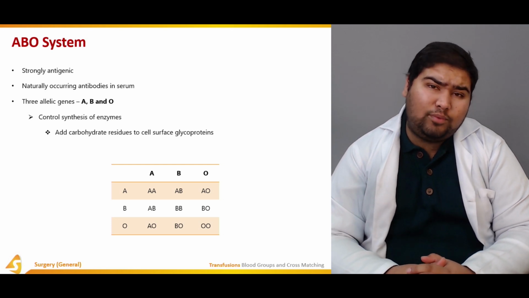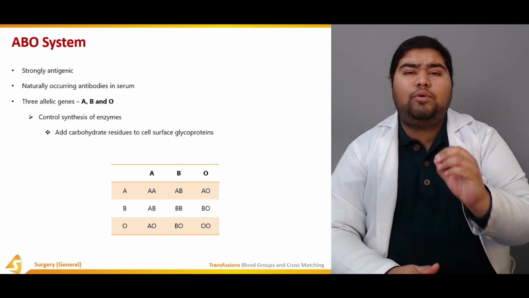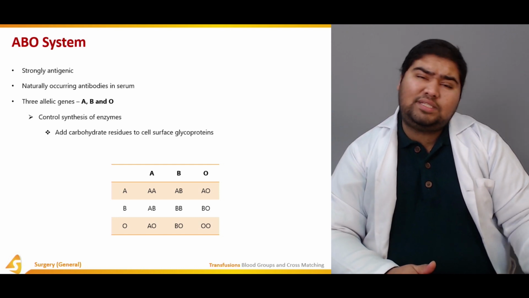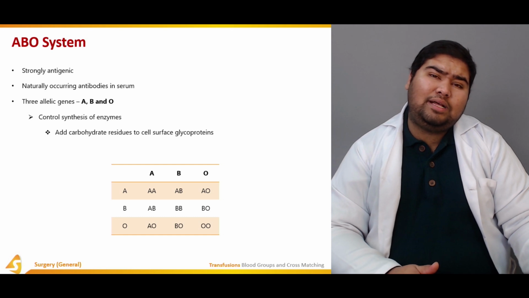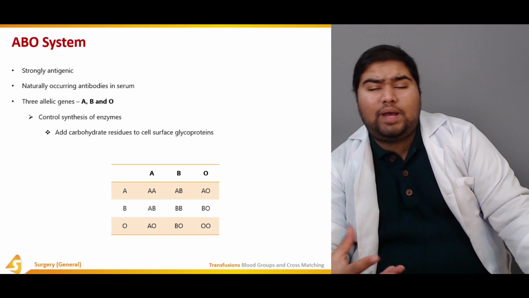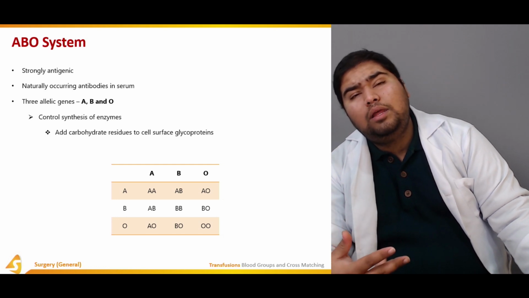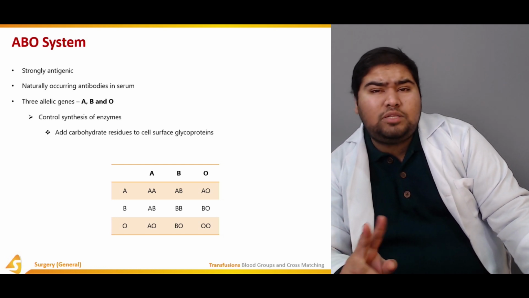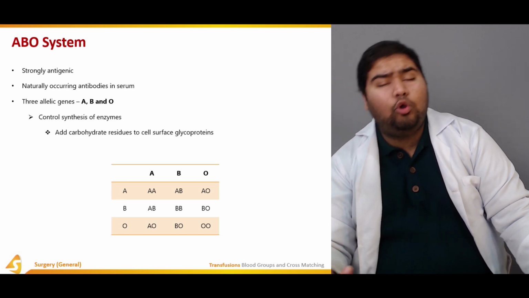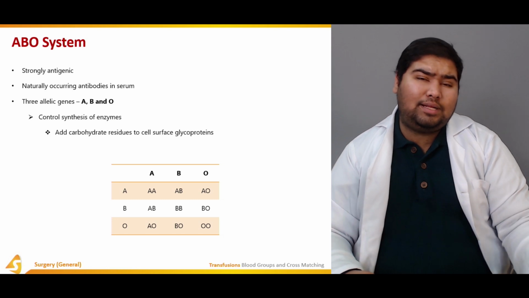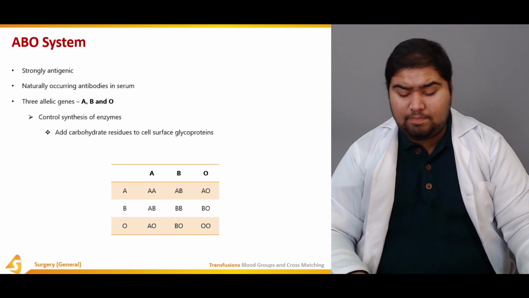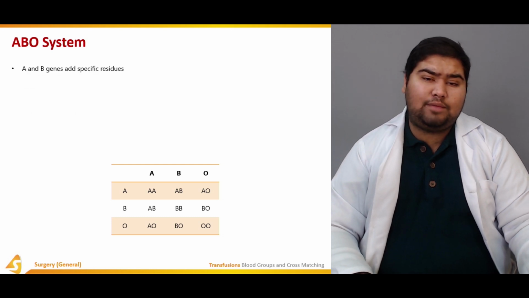As a result of which, specific carbohydrate residues are expressed by the allele A, another specific set of carbohydrate residues are expressed by the allele B, and similarly the absence of either A or B is represented as O. So this is how the surface of the red blood cells is differentiated in A, B, and O allelic types.